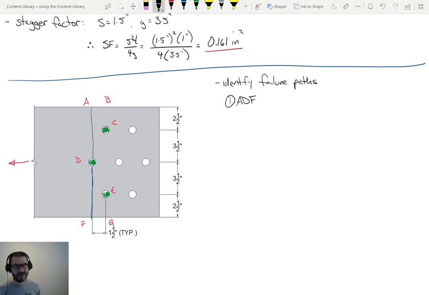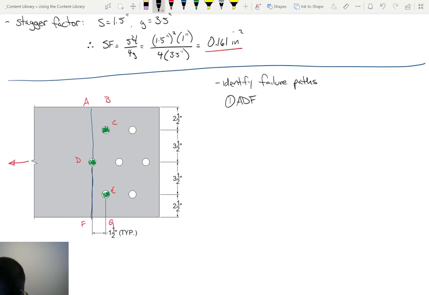In other words, if that plate fractures in half along that blue line, that completely separates the member into two pieces, and it leaves all of the bolts intact. I can take that left part of the plate and freely translate it, and I'm not going to have to snap any of the bolts in half. So that's one failure path.